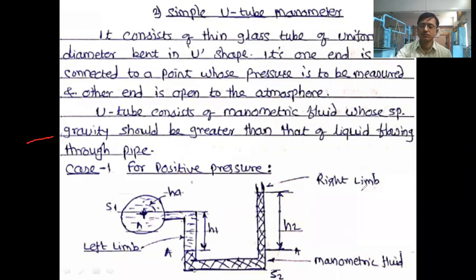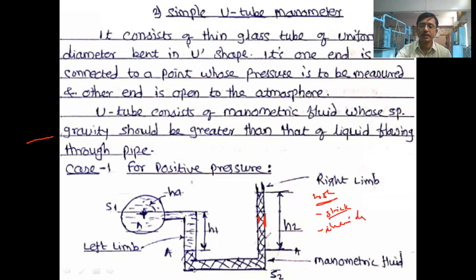One thing is that it has high specific gravity or high density. Second, mercury does not stick to the glass surface, as it has very high cohesive force compared to adhesive force, so it does not stick to the surface of the manometer. That is a reason for using mercury as a manometric fluid. Third, it is chemically inert.